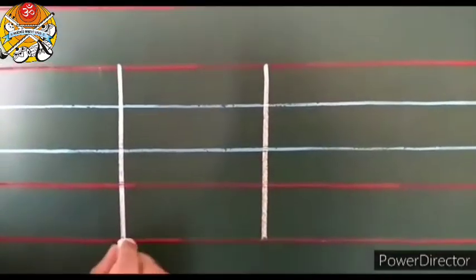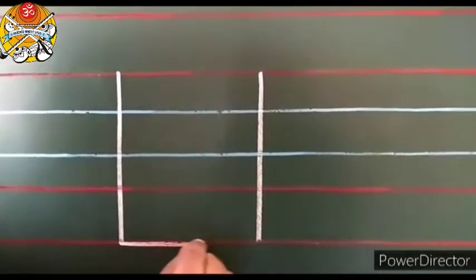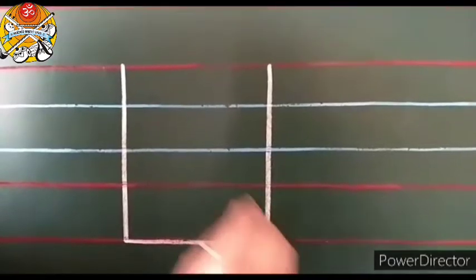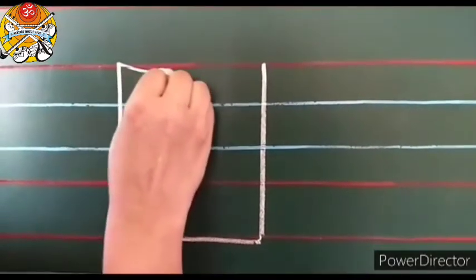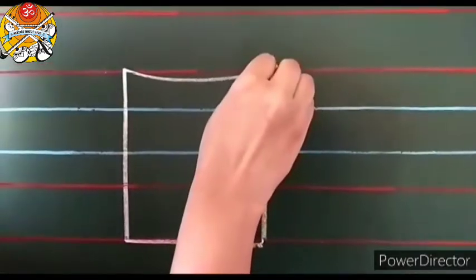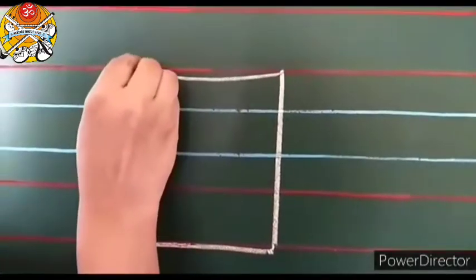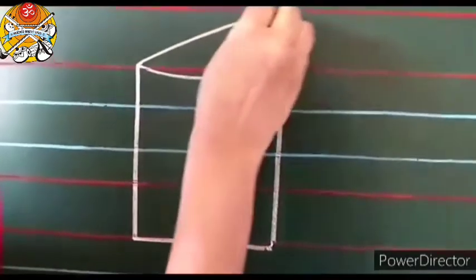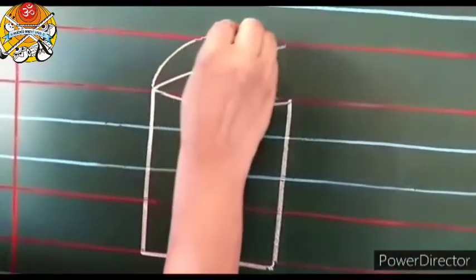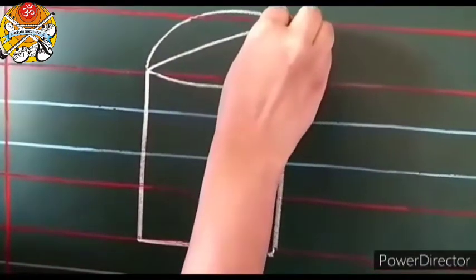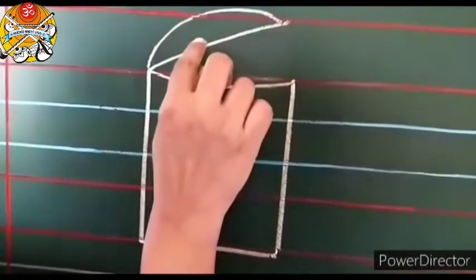We will join it with a sleeping line at the bottom. And here we will make a curve. And from here an upward slanting line. And we will join this slanting line with a curve again. So this is the lid of the dustbin.